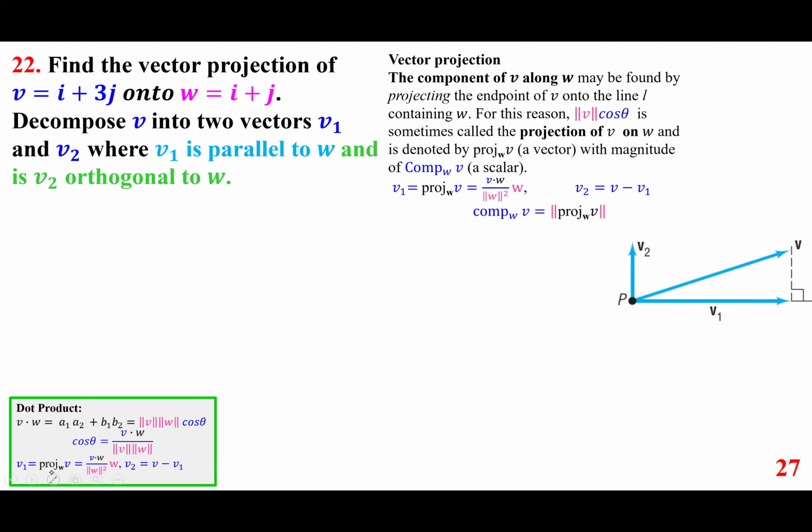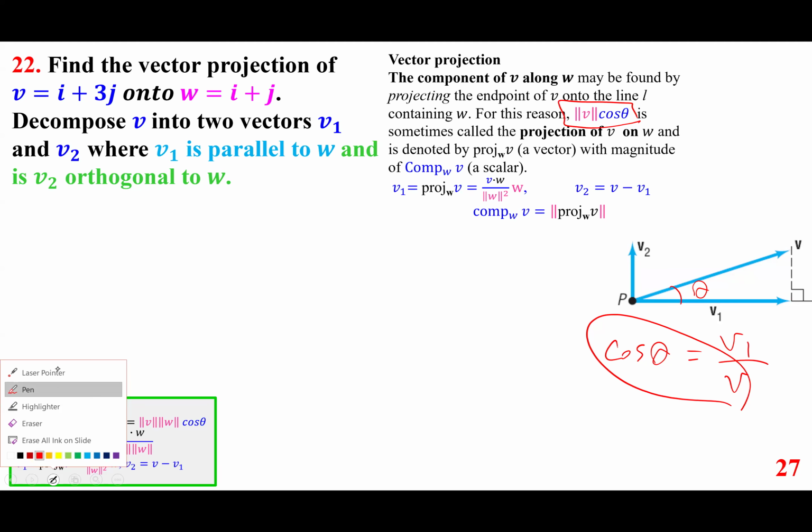And if you call this theta, you know that cosine theta is the adjacent V1 over the hypotenuse, which we call V. And so the product of these two becomes V1. And that's exactly what we are saying here as far as the magnitude. So really, it just follows trigonometry too, in essence.